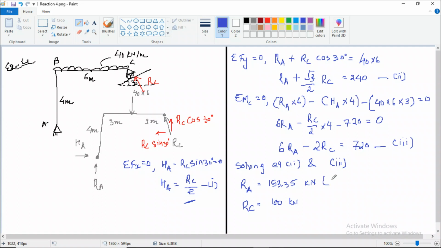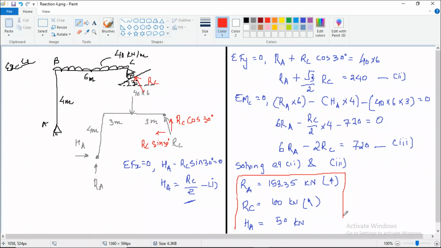This will be acting upward, at an angle, and HA will be equal to 50 kilonewton. So this is how you calculate the reactions.